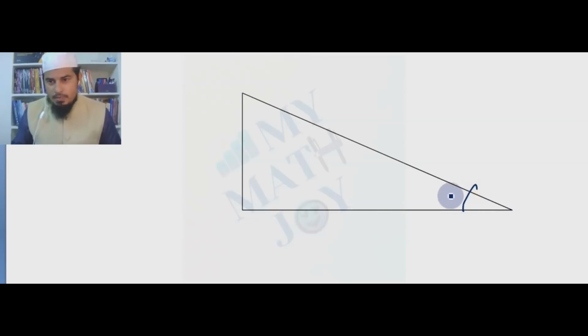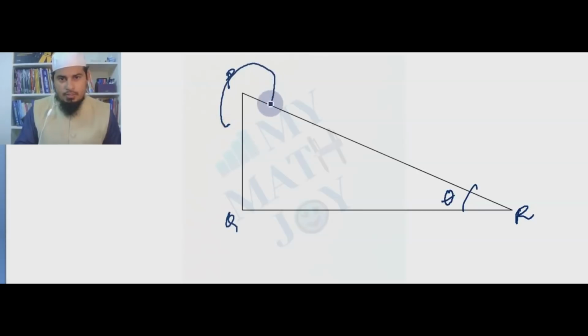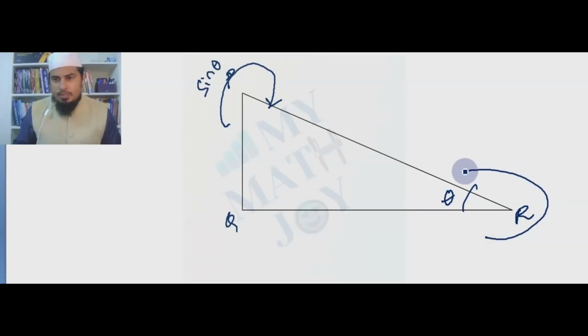This is my pen, PQR. With respect to theta we are talking about, this will be opposite and this will be hypotenuse. The arrows tell me the opposite by hypotenuse and it will be sine theta. This arrow tells me that this is adjacent by hypotenuse and it should be a cos theta.